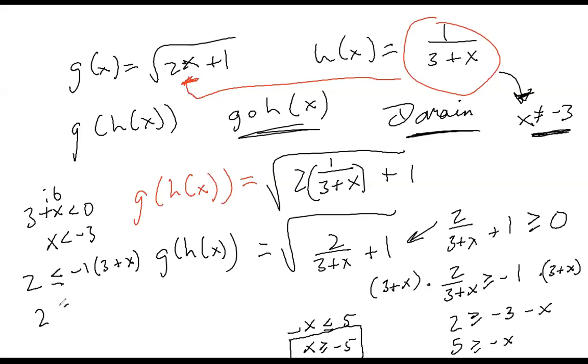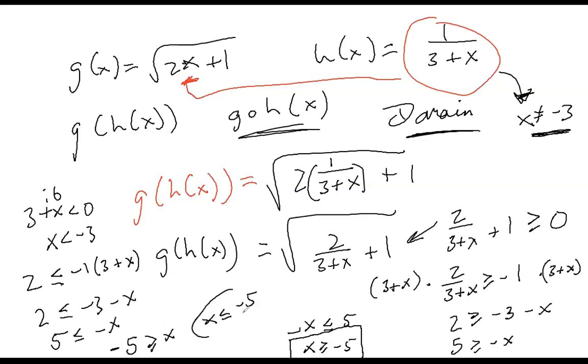So 2 is less than -3 minus x. Plus 3, that's 5, is less than -x. And when we multiply by -1, -5 is greater than or equal to x. That's actually x is less than or equal to -5.